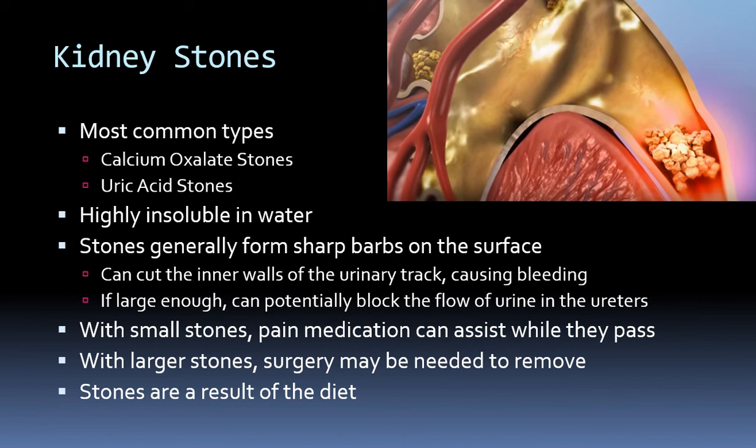And unlike other issues, which can be inherited issues or issues that develop over time, kidney stones are actually the result of your diet. Oddly enough, there's sort of a double-edged sword between whether you eat meat or whether you eat anything else. If you eat too much meat, you run the risk of having high cholesterol. But if you eat too much, say, grains, dark vegetables, or dairy, you run the risk of having high oxalate, which can then combine with calcium to form kidney stones.